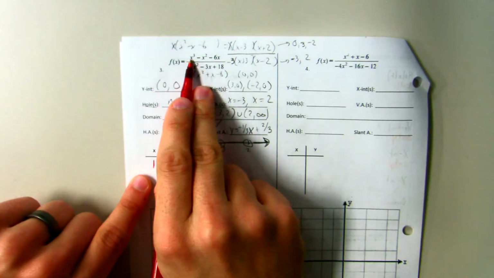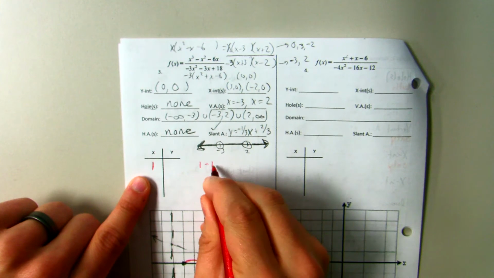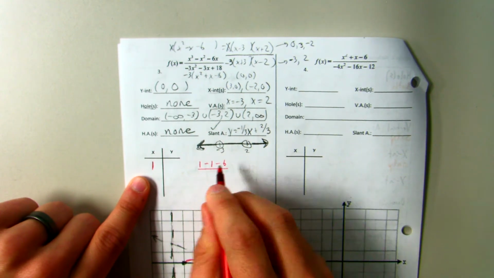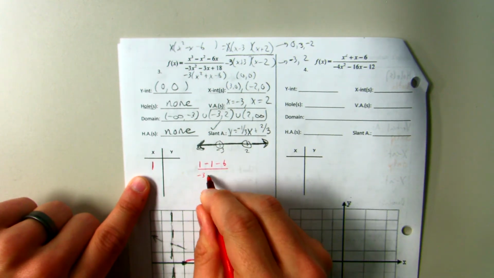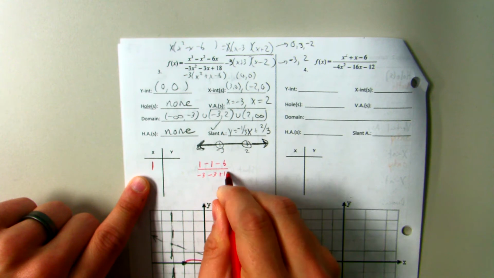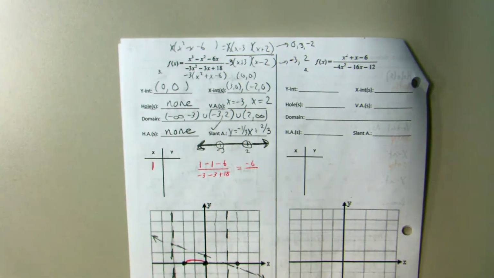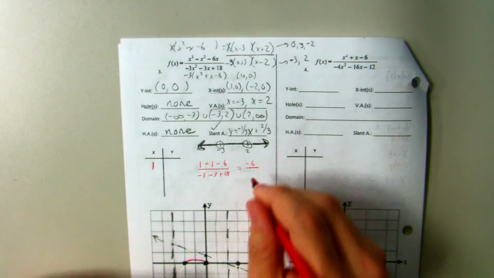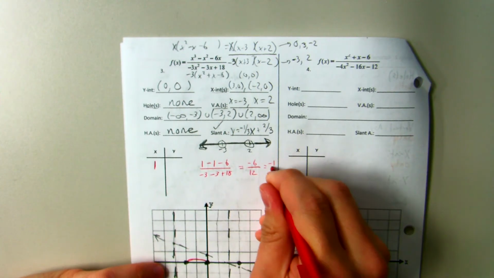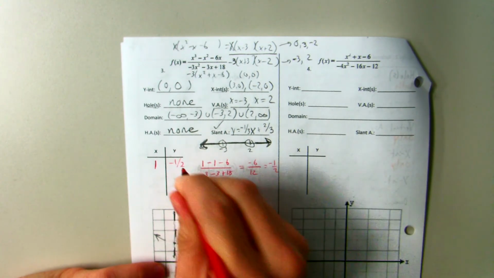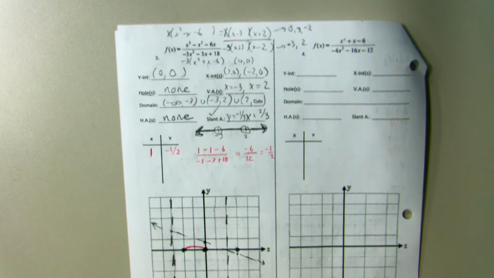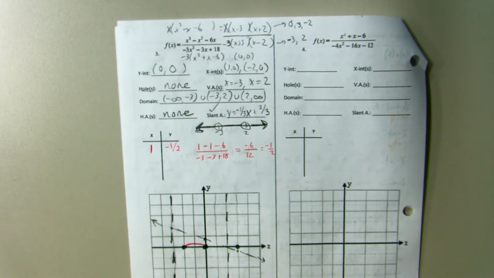If I plug in 1, I get 1 minus 1 minus 6 over -3 minus 3 plus 18. Okay, 1 is easy to evaluate.